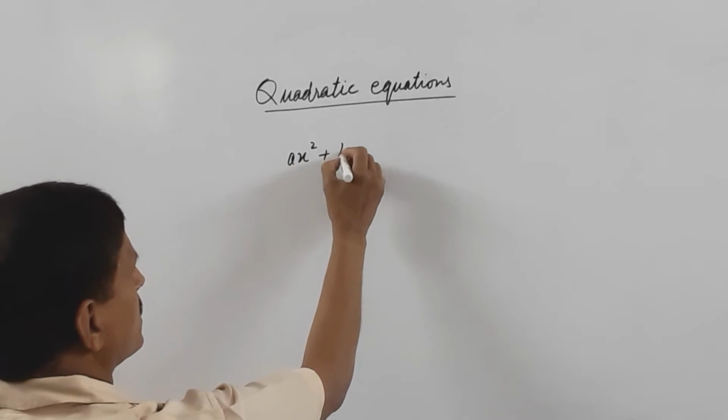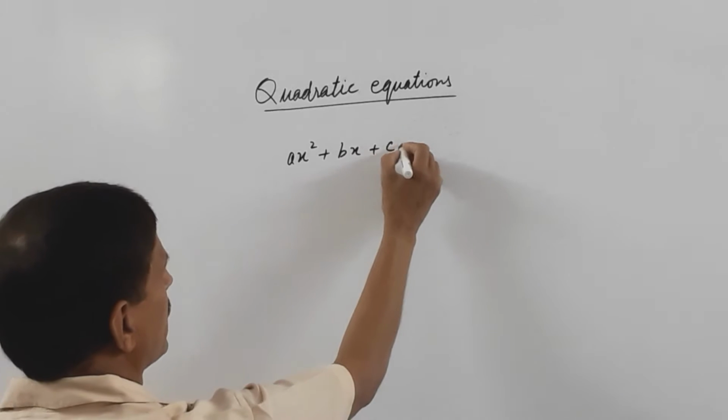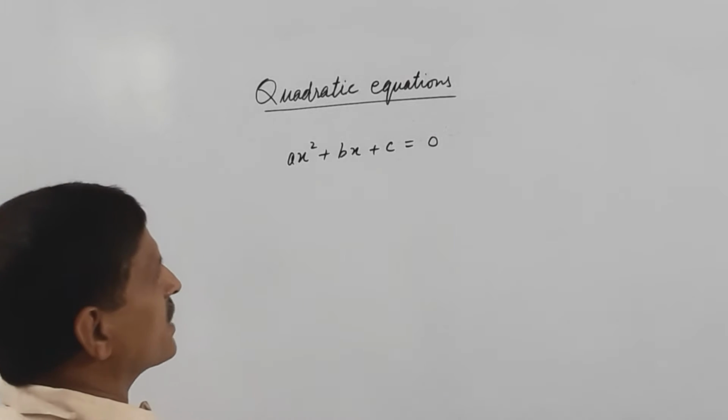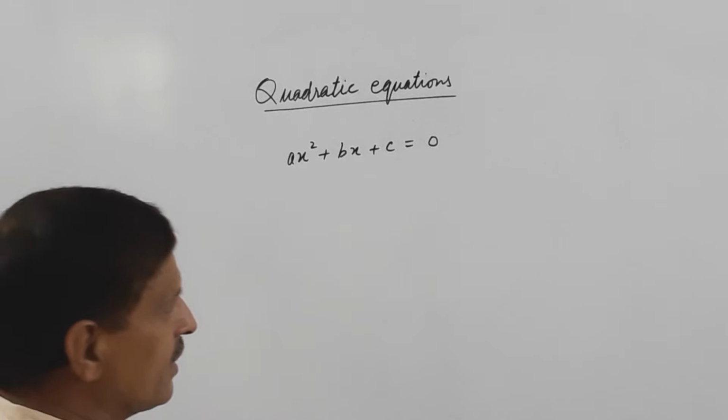ax square plus bx plus c is equal to 0 is a quadratic equation.